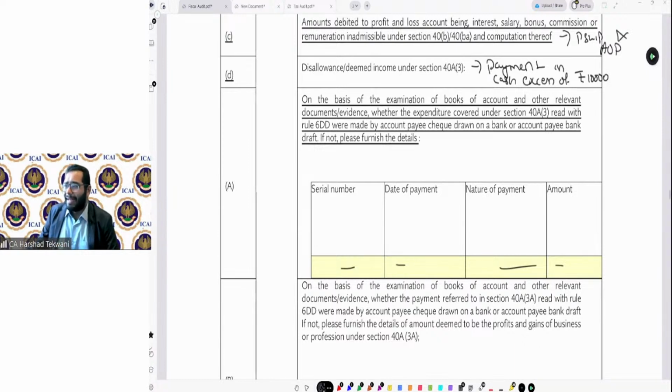Let's say, for example, practically it may not be possible to verify each payment reflected in the bank statement, that they were made through account payee check or bank draft or using electronic clearing system. What will you do in that case as a tax auditor?